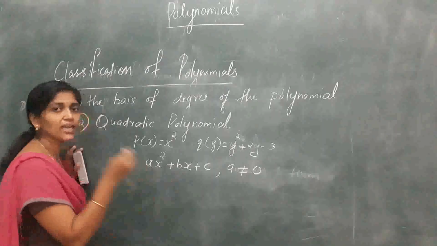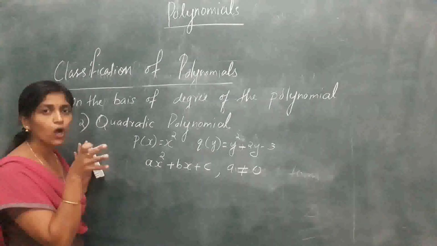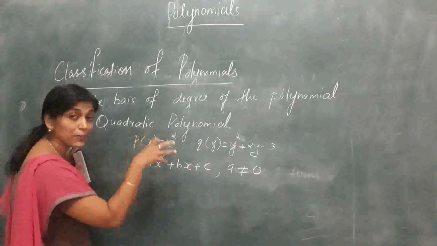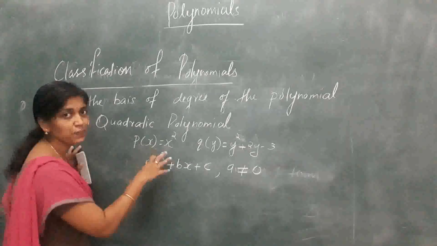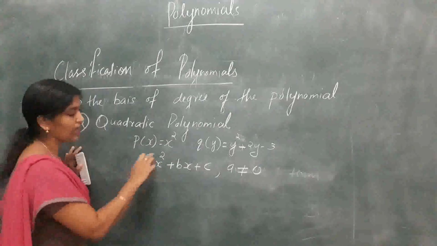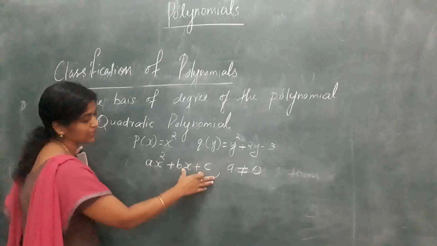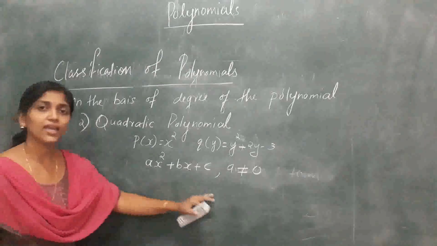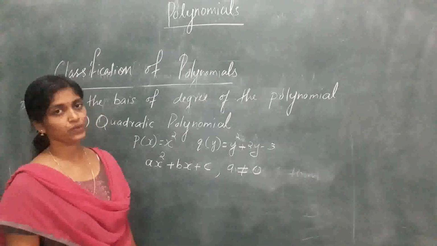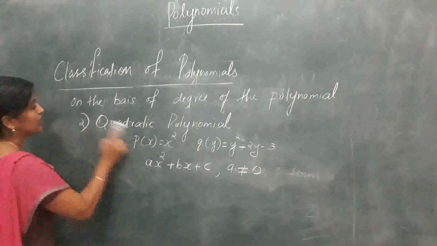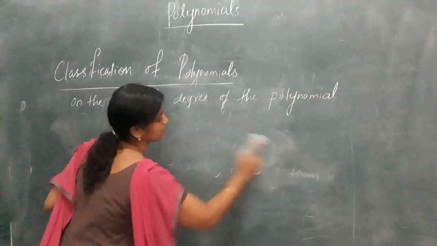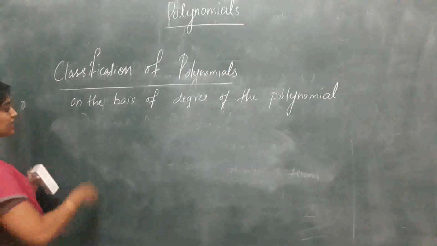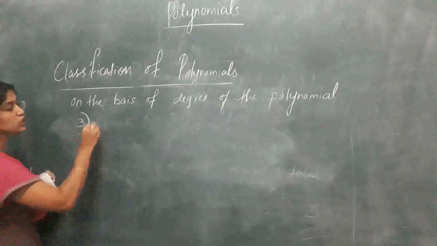And when we write a polynomial, usually we always write it in the standard form, which means that we will always write a polynomial with the highest power as the first term. So ax square plus bx plus c is the general form of a quadratic polynomial where a not equal to 0. Next type, that is the third type of classification on the basis of the degree of the polynomial. The next is the third one, it is cubic polynomial.